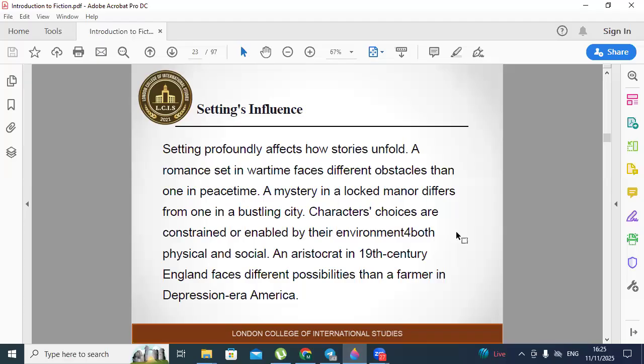Age, class, religion, nationality, all these identity factors interact with setting to determine what's possible for characters. Understanding setting means recognizing these constraints and possibilities. Authors choose settings deliberately to enable certain stories while foreclosing others.